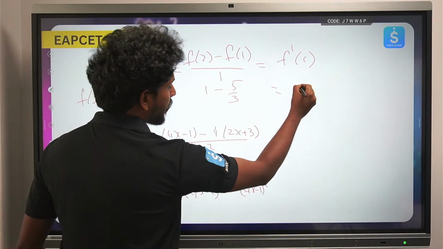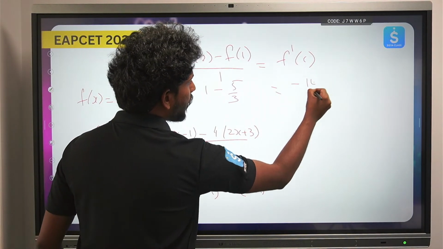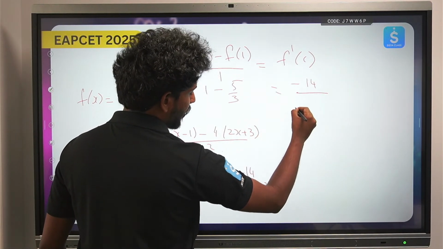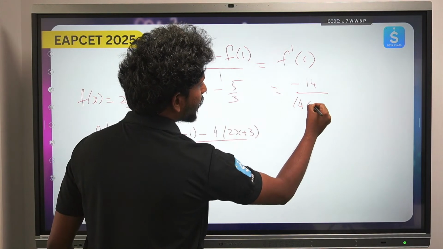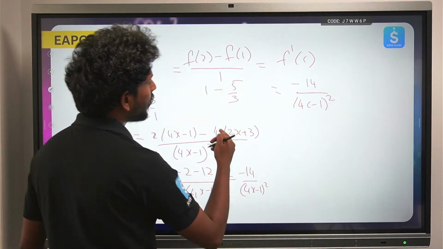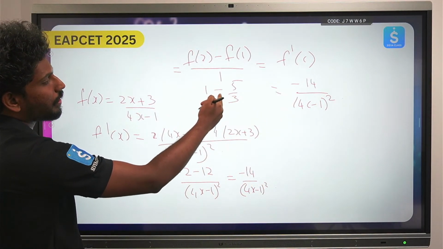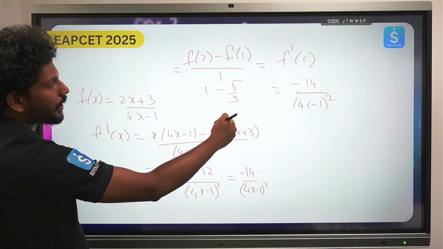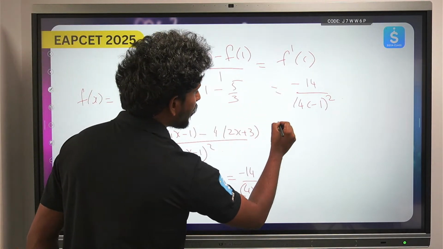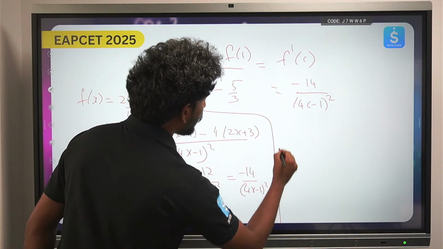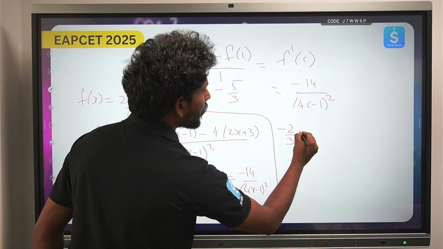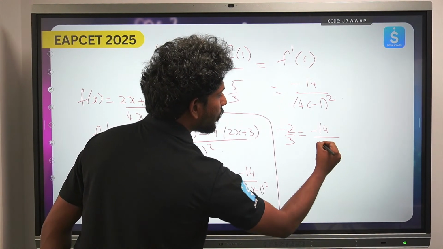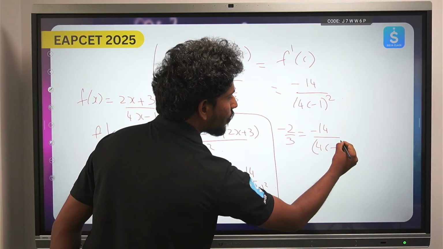So this is equal to minus 14 by 4c minus 1 whole square. So this will become 3 minus 5, that will be minus 2 by 3. So minus 2 by 3 is equal to minus 14 by 4c minus 1 whole square.